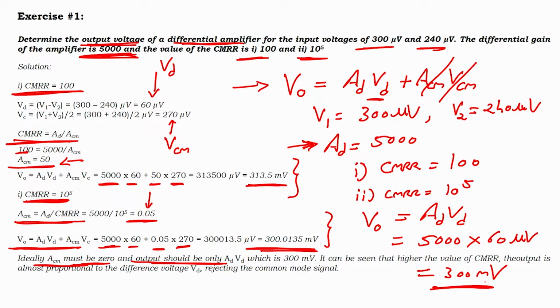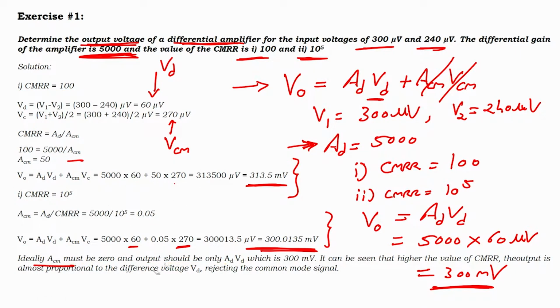Now you see which output voltage we obtained is close to 300 millivolts, whether it was CMRR equal to 100 or CMRR equal to 10 raised to 5. When I use CMRR equal to 100, the output voltage we got was 313.5.